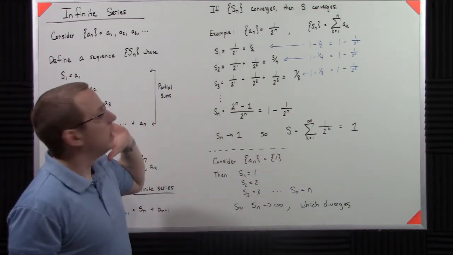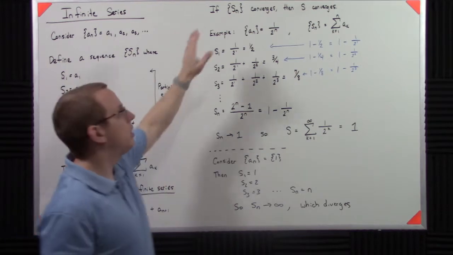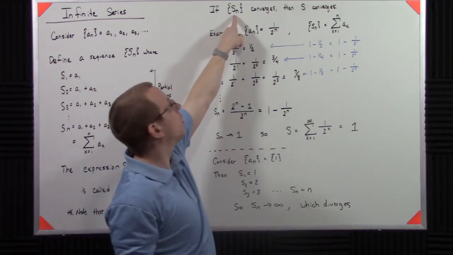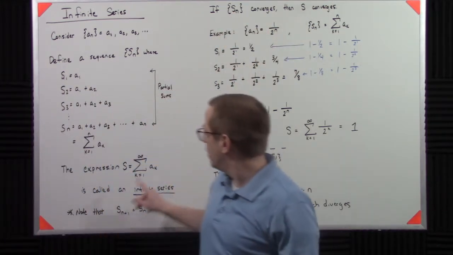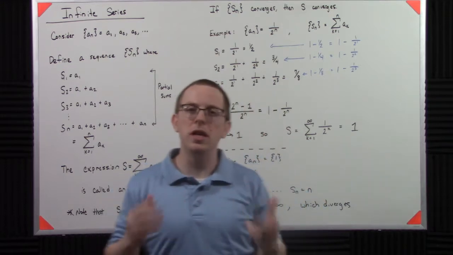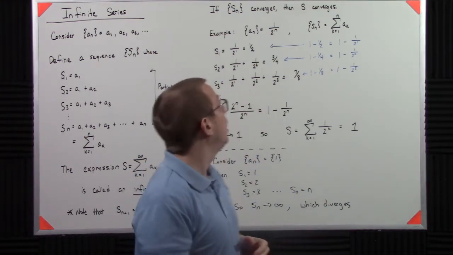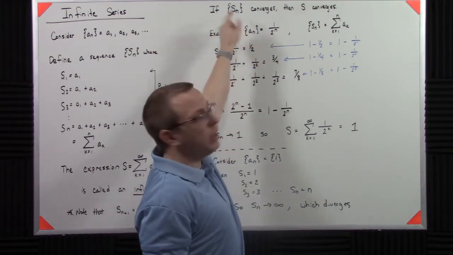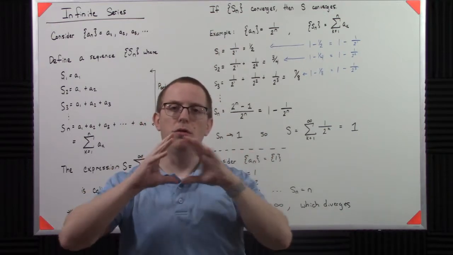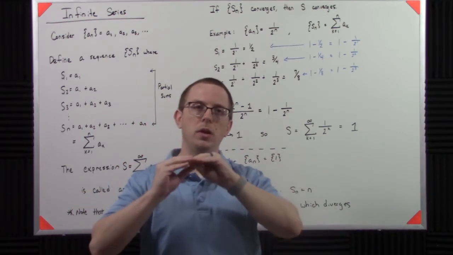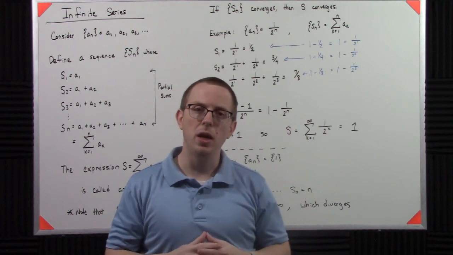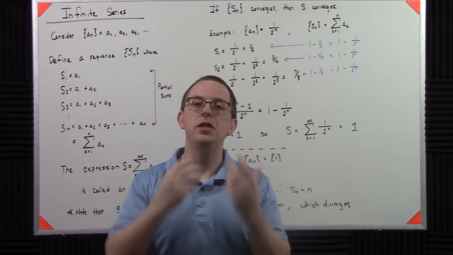Now, there's an important piece here, which is that if the sequence S converges, then the series converges, and they're really the same thing. Essentially, if this sequence converges to a value, so if it doesn't blow off to infinity, then we say that the infinite series converges.